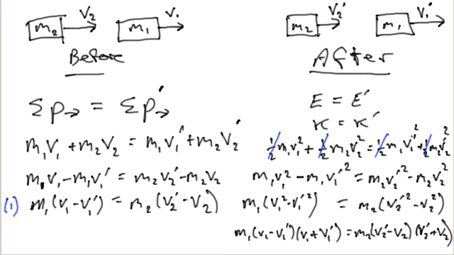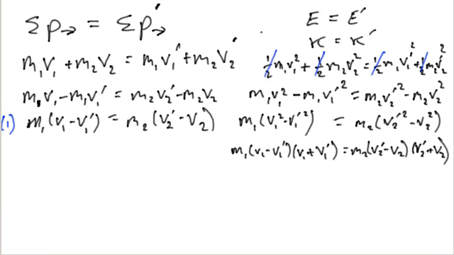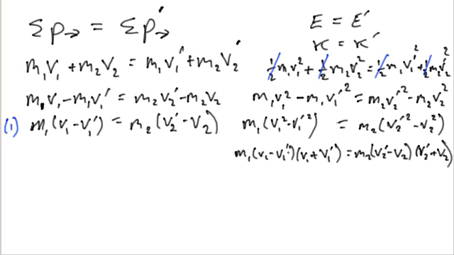And I think the way I'll describe it is to divide this energy equation by equation 1. So this gives m1 v1.